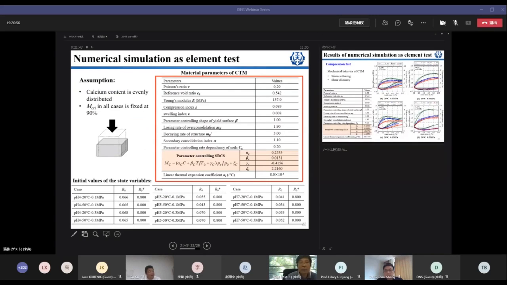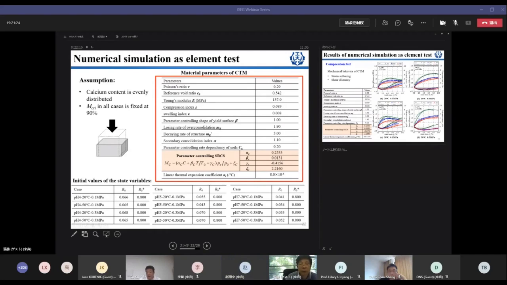So you can see, this is the constitutive model. Before, they used 10 parameters, of which the first 5 are totally the same as those in the original models. And there are 5 parameters to describe the shape of the yielding functions, the decaying of the consolidations, and over structures.